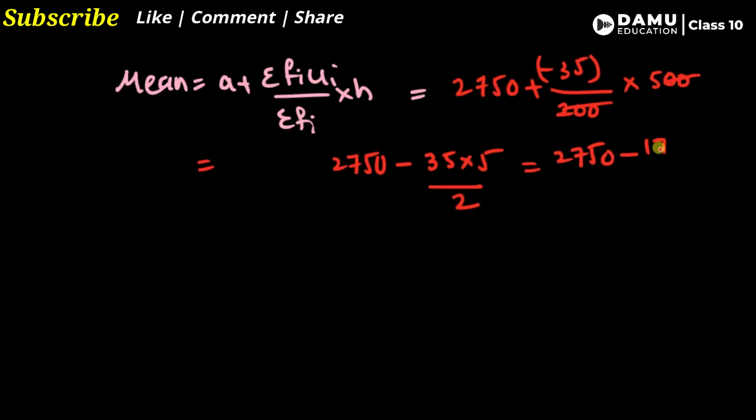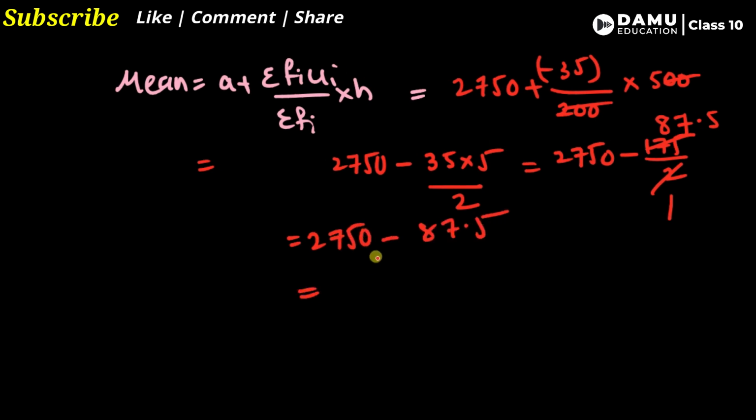So 175 by 2 is 87.5. Then 2750 minus 87.5 gives 2662.5.